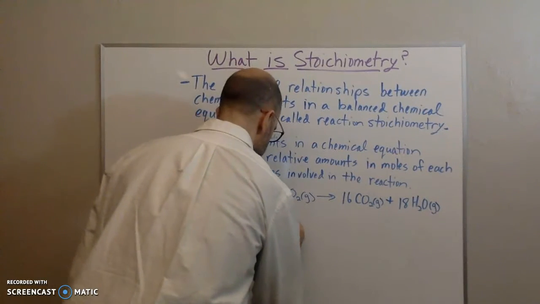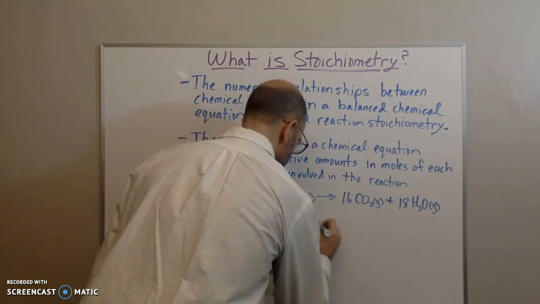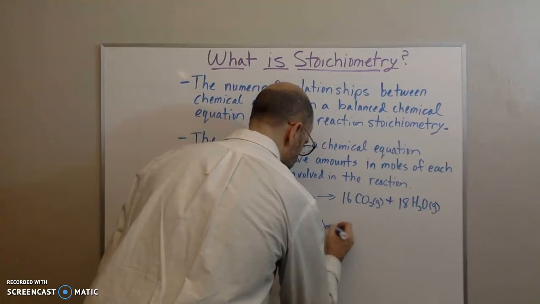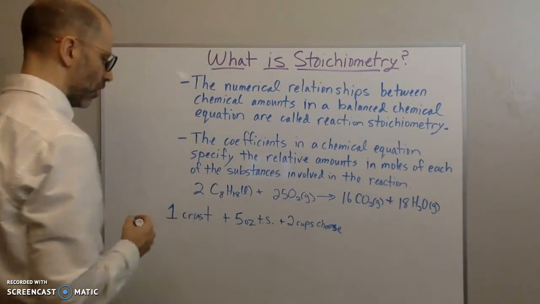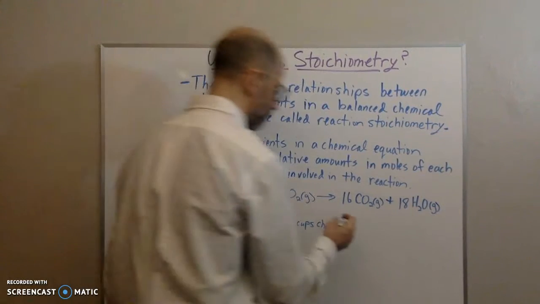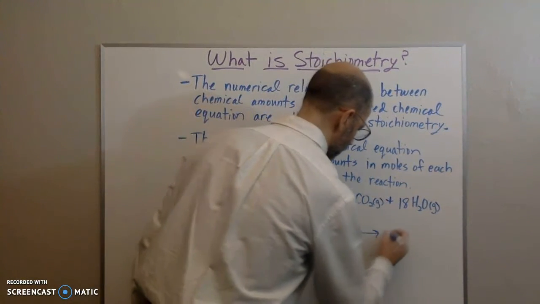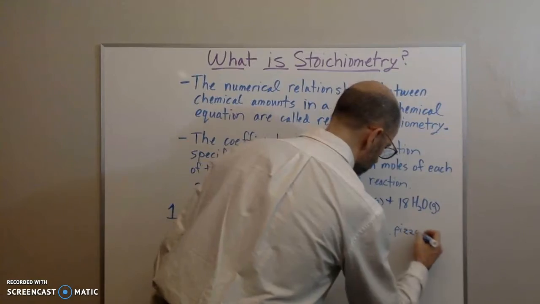And I need 2 cups of cheese. We're not going to specify the cheese, just cheese. Okay, so these are the ingredients of making one pizza. So if I put this together, I get one pizza.